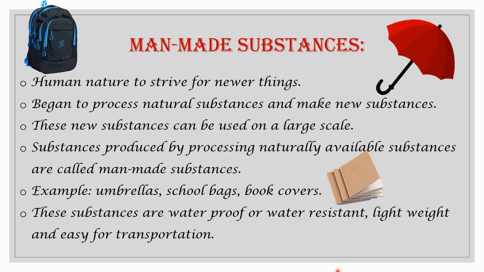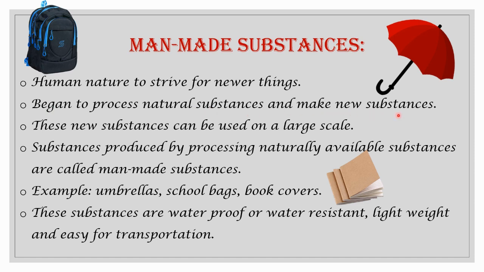Now students, let's learn about man-made substances. It is human nature to strive for newer things and to try to make life more comfortable. As a result of his efforts, man not only learned to use natural substances but also began to process them to make new substances.